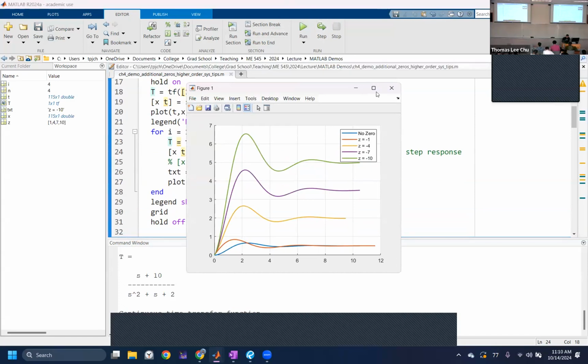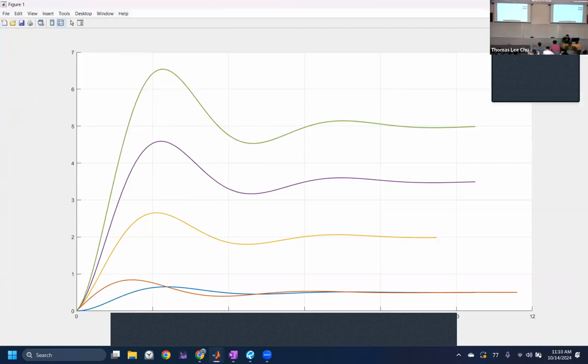Here you're going to see the system response with no zero, which is the blue line right here. You can see the peak overshoot occurs later than with the zero at -1. The zero at -4, the zero at -7, and even the zero at -10 all have a similar overshoot time as the system with no zero.